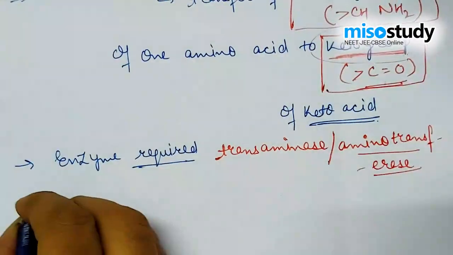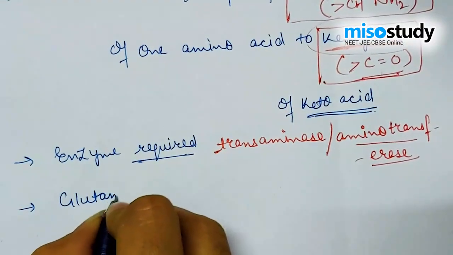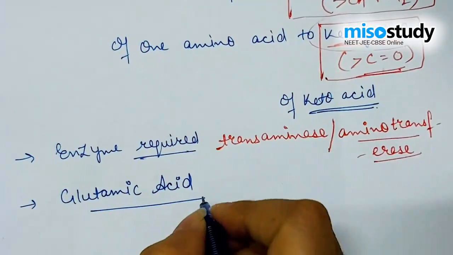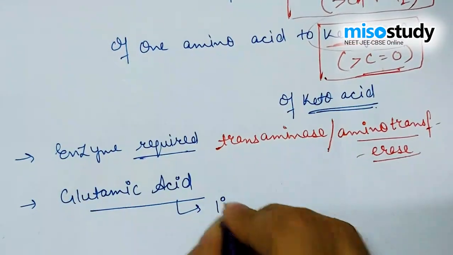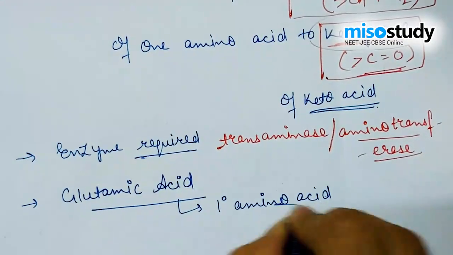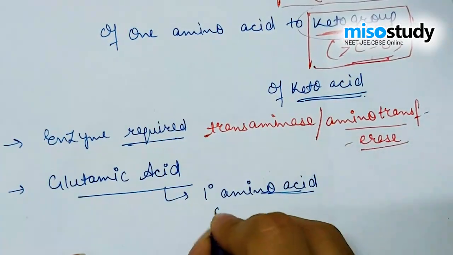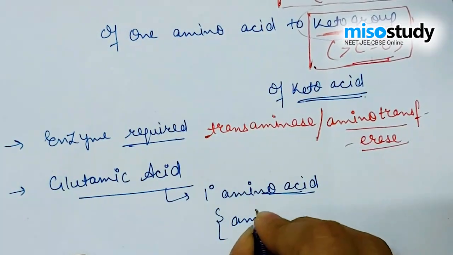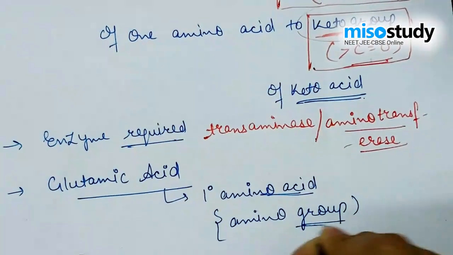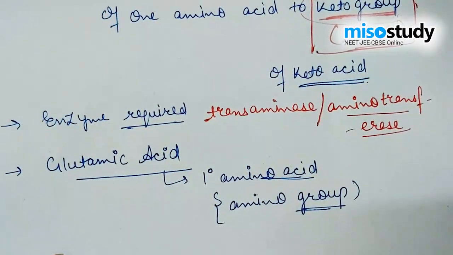An example of such a process is glutamic acid. Glutamic acid is the primary amino acid involved in transfer of amino groups, and it transfers the amino group to as many as 17 amino acids.